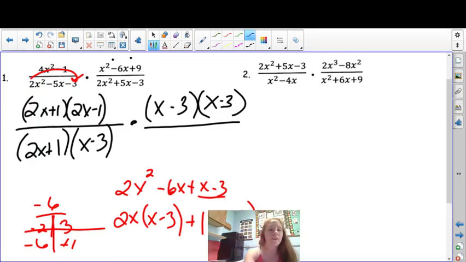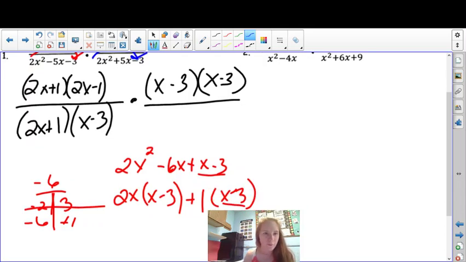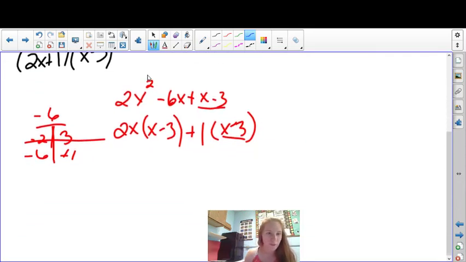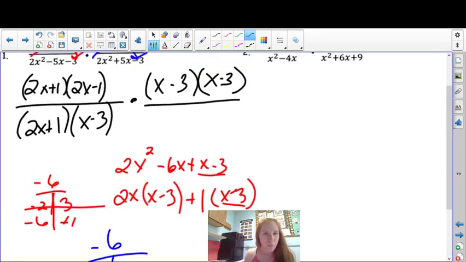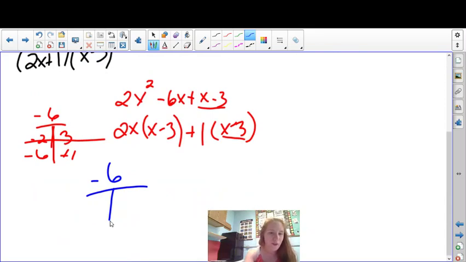And then for the bottom again, I have to do this multiplication. So 2 times negative 3 is negative 6 again. And I need to get to a positive 5 this time. So I need a 6 and a negative 1. So 2x squared plus 6x minus x minus 3.